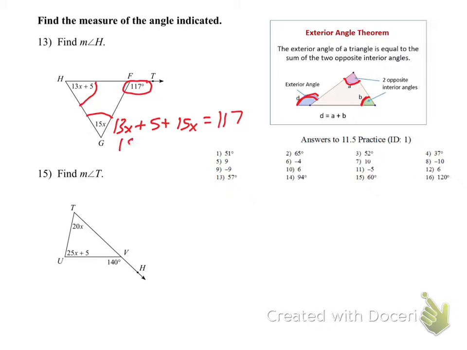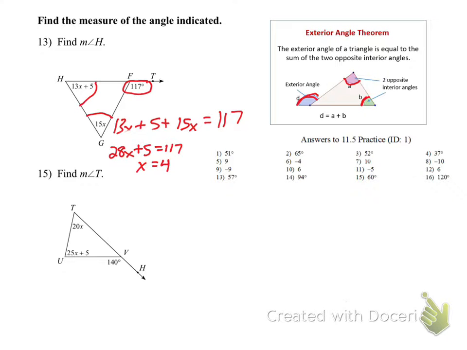So that's going to be 18x plus 5. Sorry, not 18x. It's going to be 28x plus 5 equals 117. I'm going to minus 5 on each side, so that'll be 112. Then I'm going to divide it by 28, and I'm going to get x equals 4.